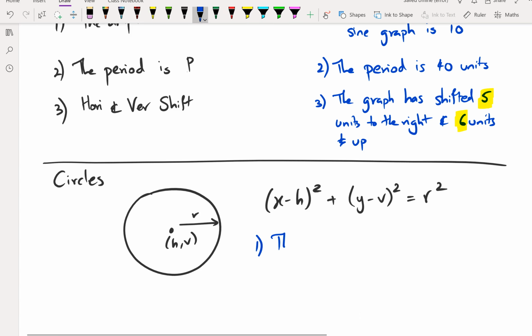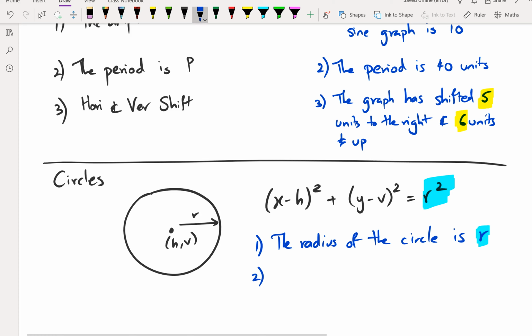The first one is the radius of the circle, which is r. Now be very careful, guys. This is r squared, all right? And I know a lot of you guys were making that mistake, but this is only r. Because it is radius squared, but the radius of the circle is just going to be r by itself.